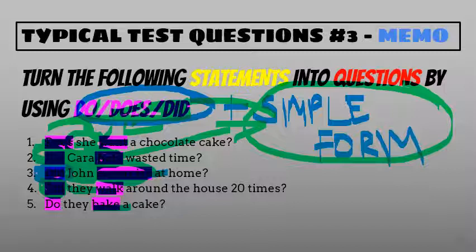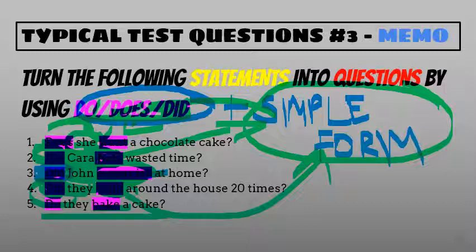My fourth statement was they walked around the house 20 times. In this case, I'm going to again use did because my sentence was in the past tense, walked. Doesn't matter that my subject is plural because I'm always going to use did in the past tense, but again important, my most simple form of my verb after I've used do, does or did.